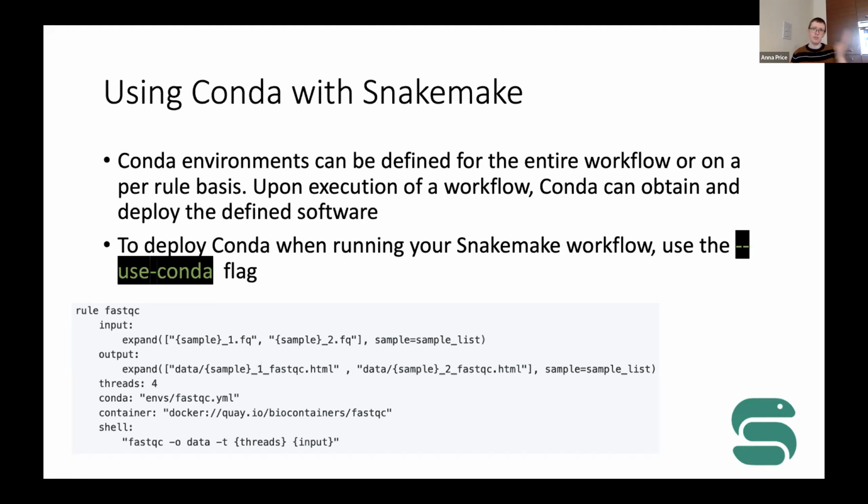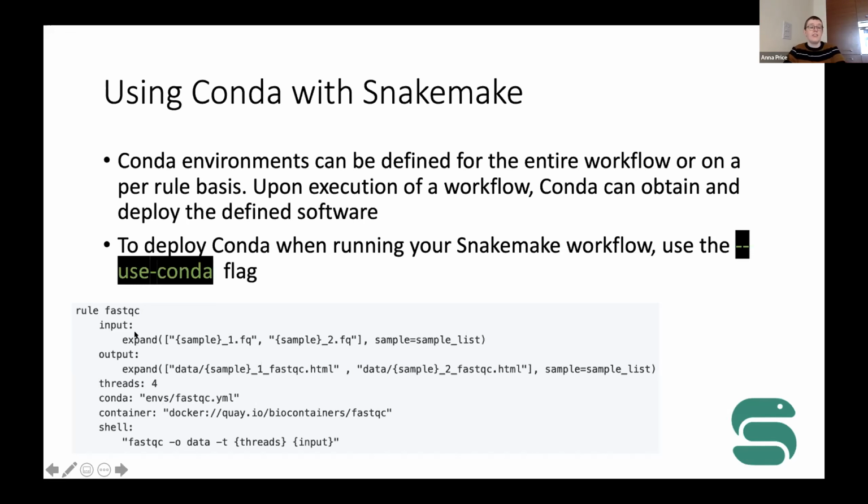And then subsequent runs of the workflow can use that pre-built Conda environment that it built the first time you ran. And to deploy Conda when running your Snakemake workflow, you just use the Conda flag in your command.